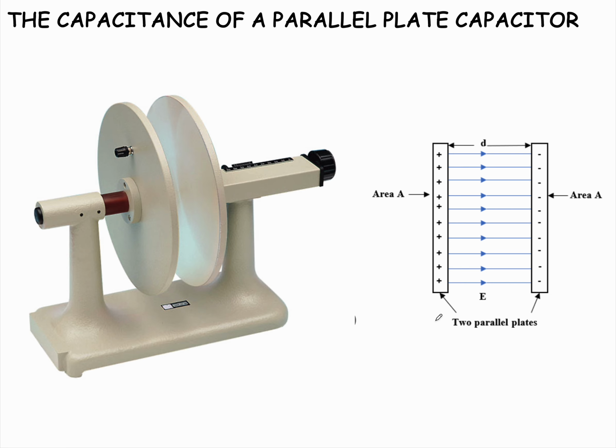I want to look first at a parallel plate capacitor. It's the simplest of all types of capacitors. It's just 2 parallel metal plates separated by an insulator. You can sort of see it here, area A, and then you separate it by some distance. Usually we call that D. And in this particular case, D is measured this way, and the insulator is simply air.